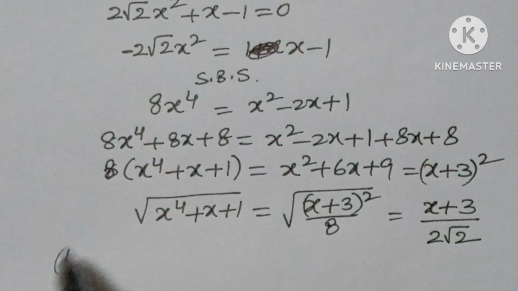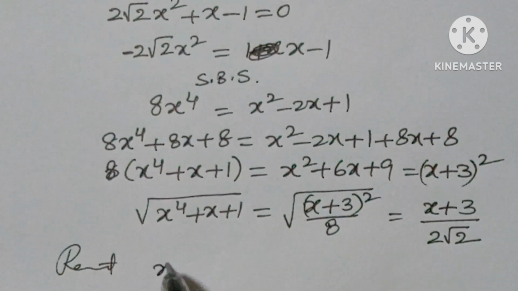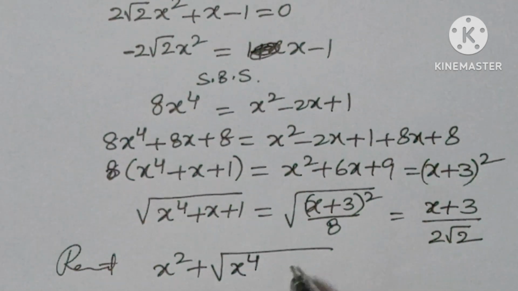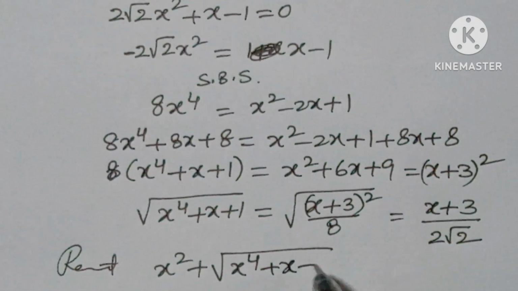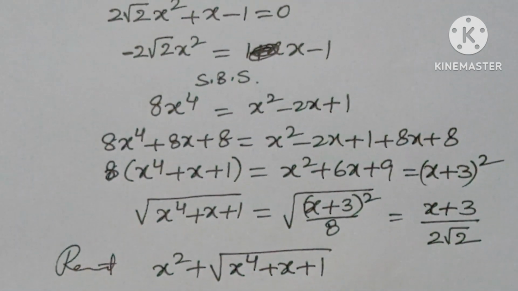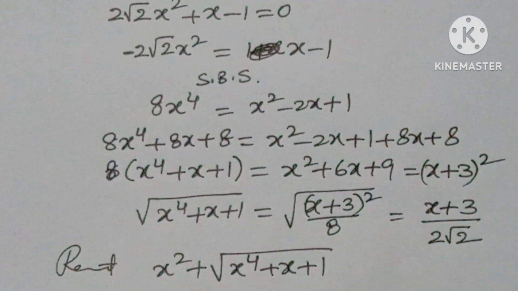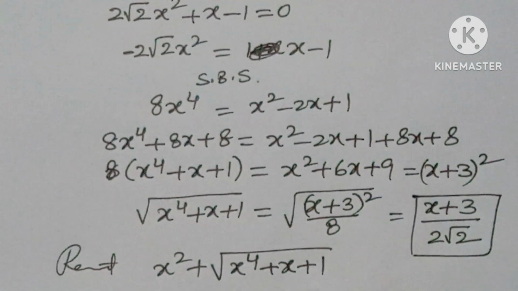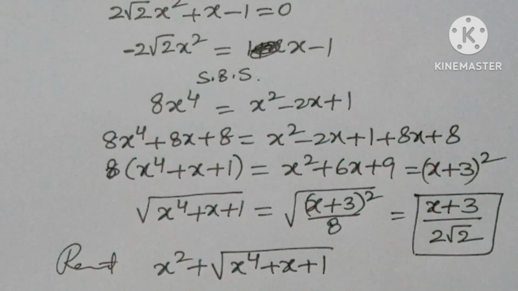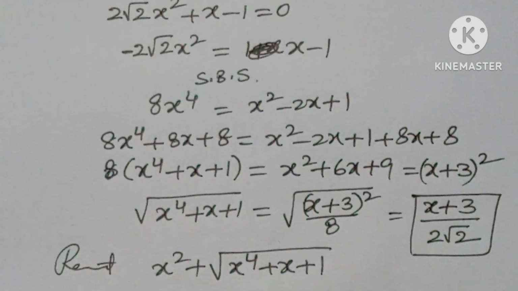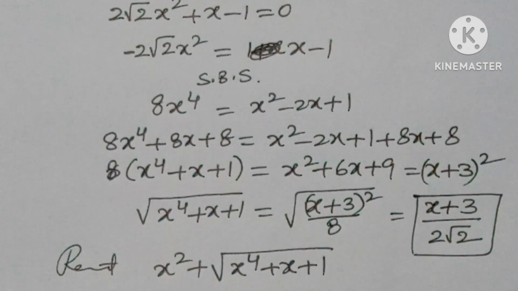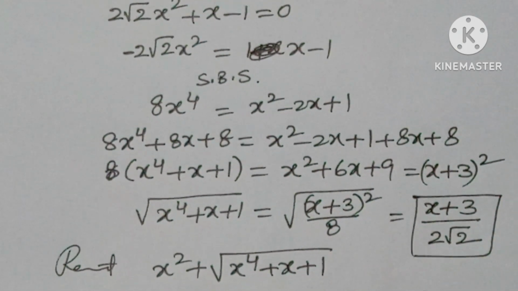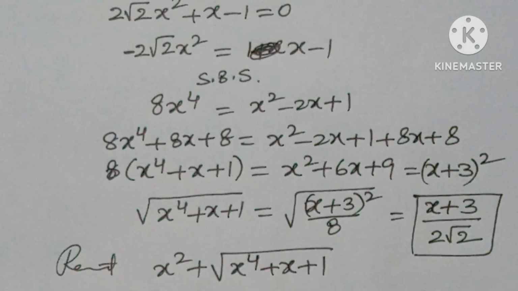Now what is required here? x square plus root of x power 4 plus x plus 1. That is equal to x square plus this value, which is x plus 3 by 2 root 2. So here if you take LCM, 2 root 2 x square plus x plus 3 by 2 root 2.